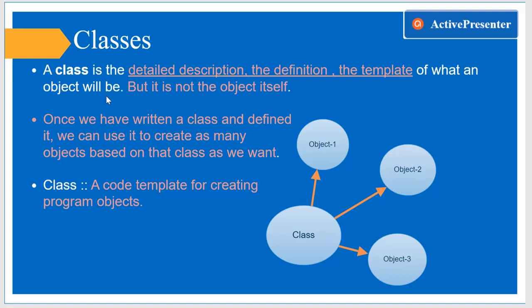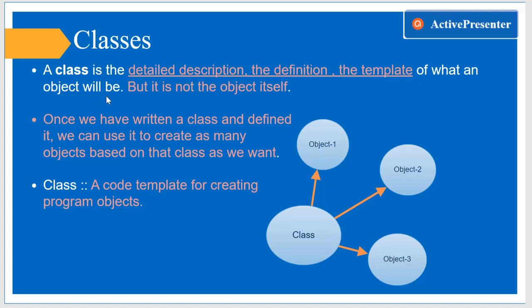Once we have written a class and defined it, we can use it to create as many objects based on that class as we want. Once you have a blueprint, you can create as many objects as you want from that blueprint.